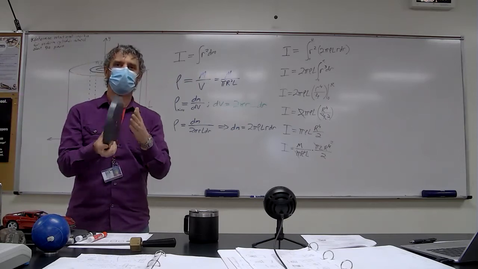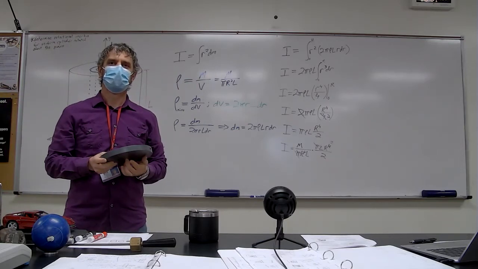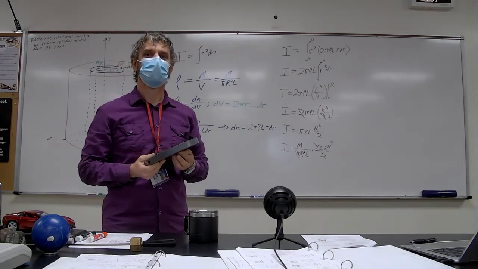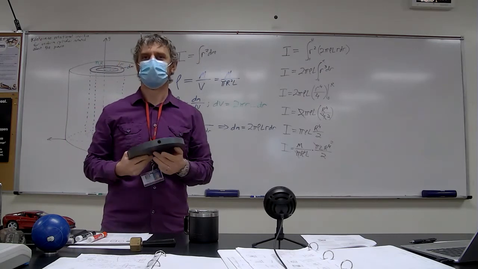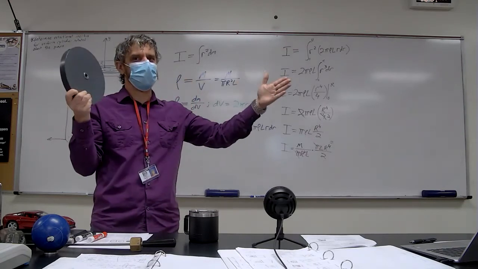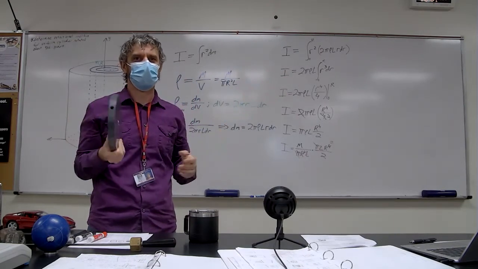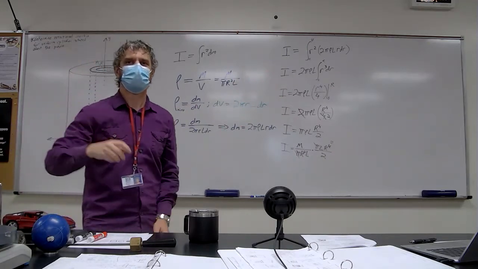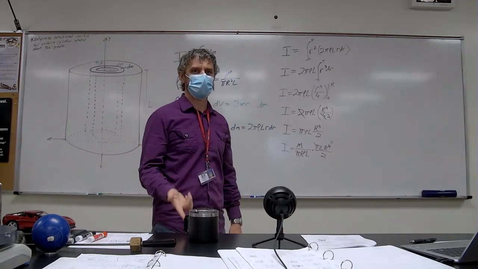On average, the mass is still going to be distributed the same distance from the center. The length doesn't matter. Now, if you get the same material and have a larger cylinder, then it's going to have a lot more mass, so it's going to have more rotational inertia. But if it had the same mass, yeah. We're doing a uniform cylindrical material.